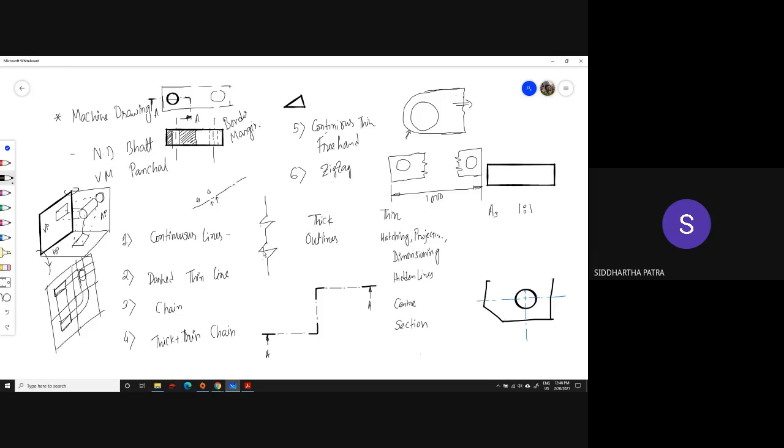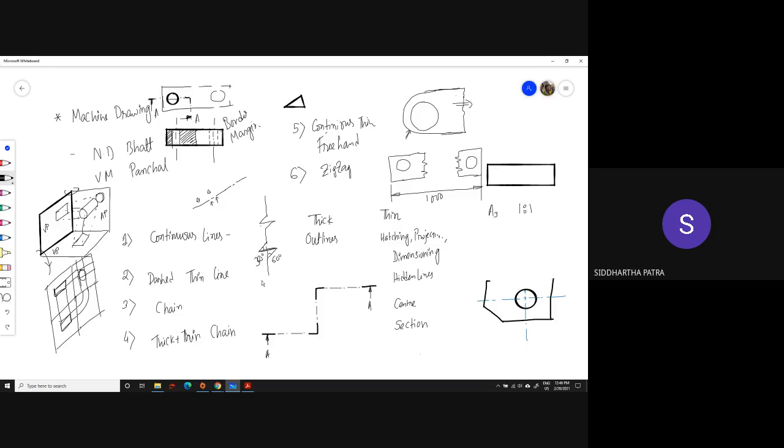So this makes an angle of, let's say, 60 degrees, or I guess this angle is 30 degrees, and this angle is 60 degrees, okay. And this line is supposed to be perpendicular to the vertical line, okay.